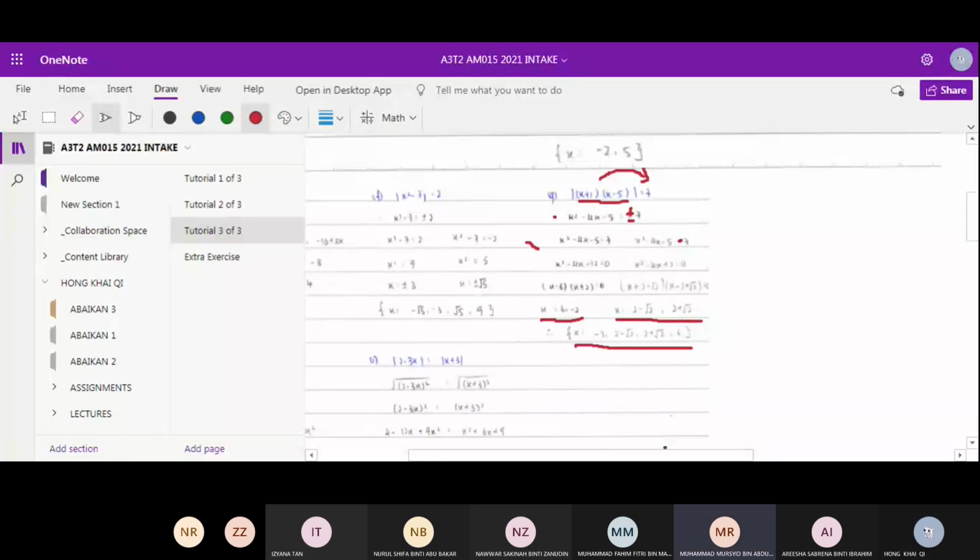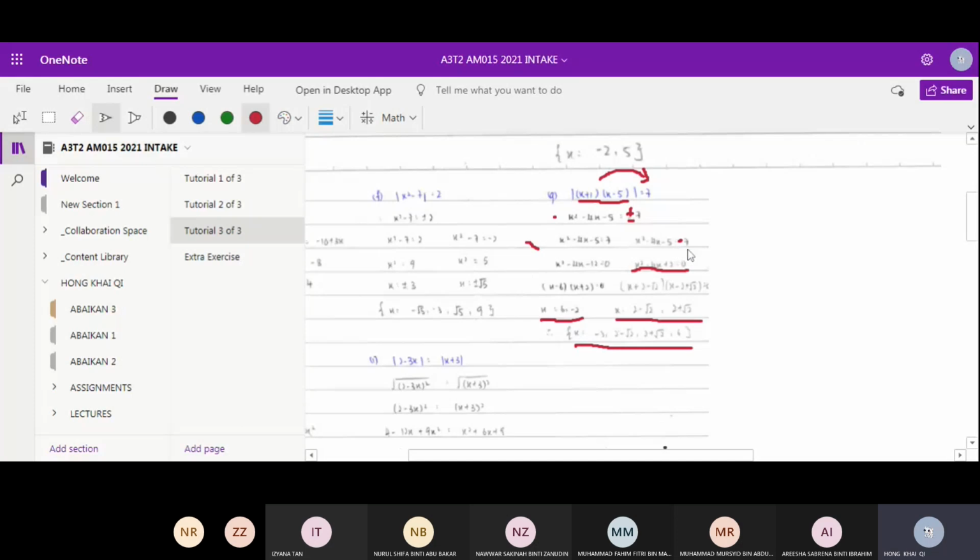Or you just use your calculator to do the factorization. So the second equation is x squared minus 4x minus 5 equal to negative 7.